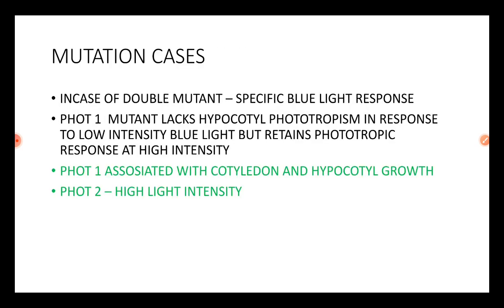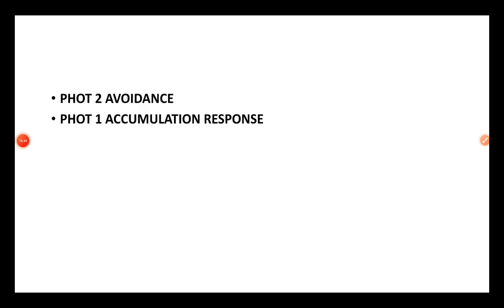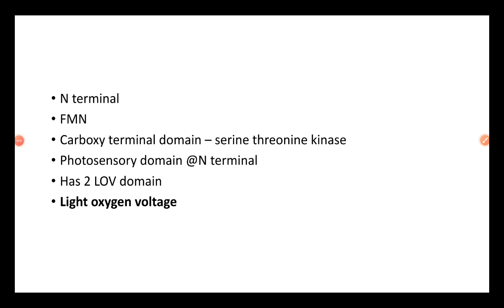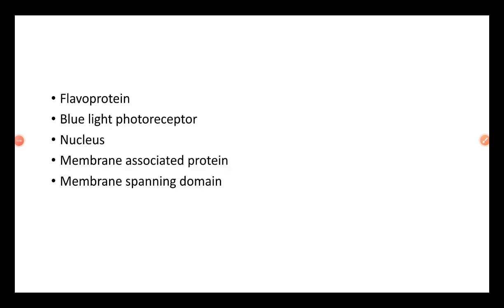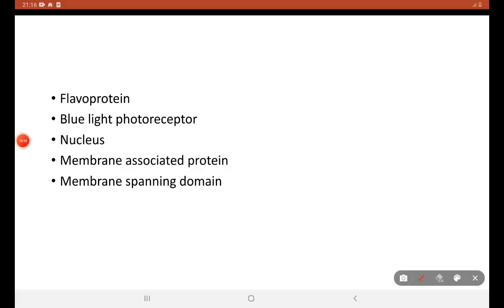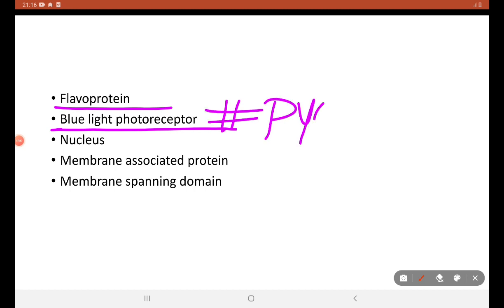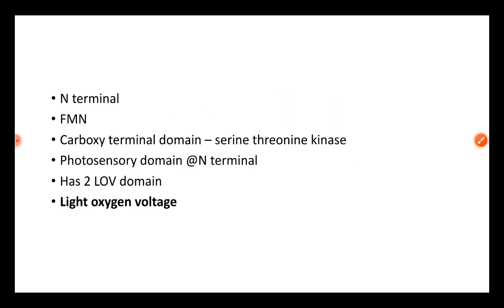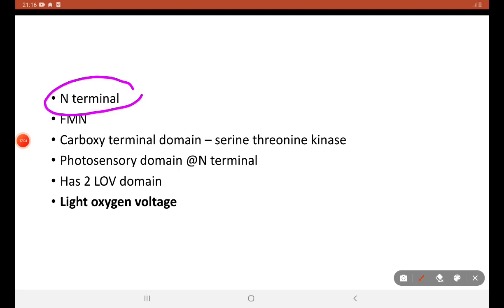Let us sum up this video on phototropin. Phototropin is a flavoprotein. It is a blue light receptor. Previous year question: what are the components present in the N-terminal site and in the C-terminal site?